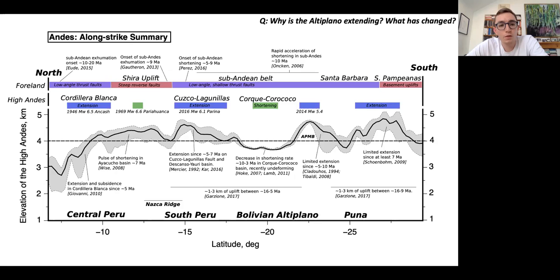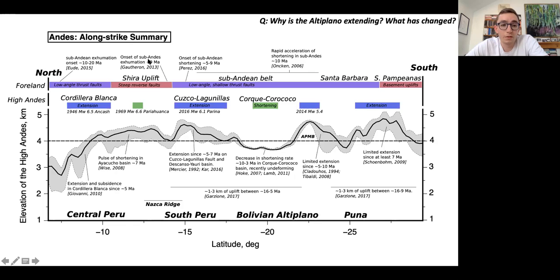That's because areas where we see a shift from extension to shortening typically correlate with areas where we've got very steep reverse faults rupturing to the surface, essentially as basement uplifts on the eastern margin of the mountain belt.